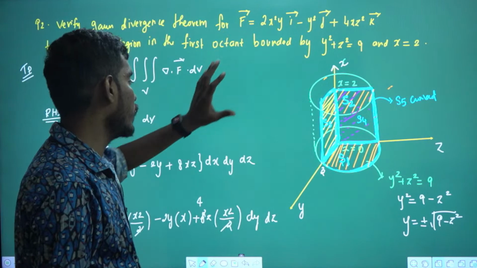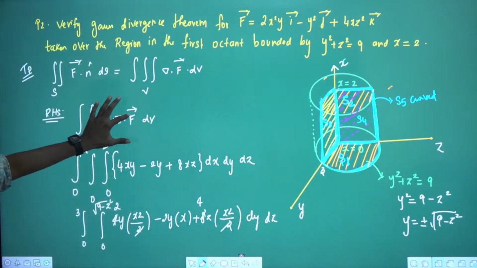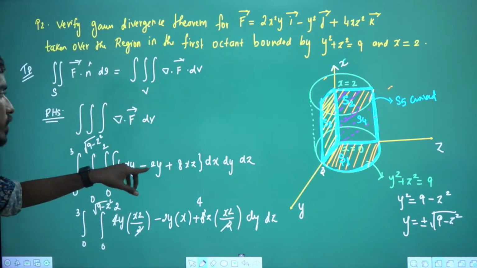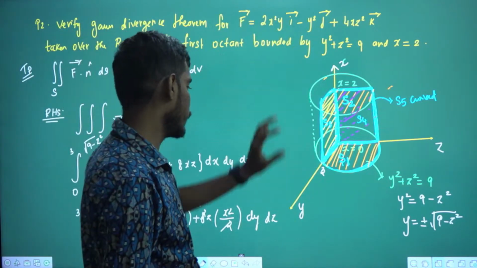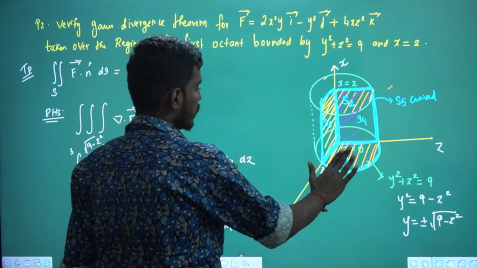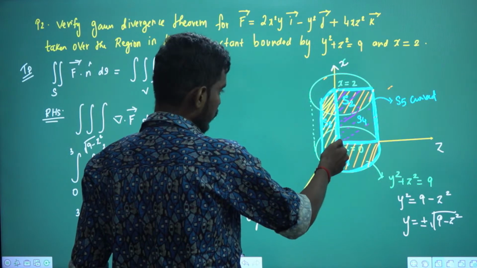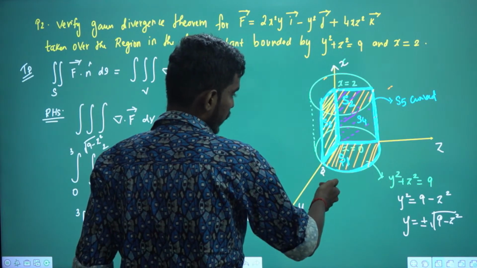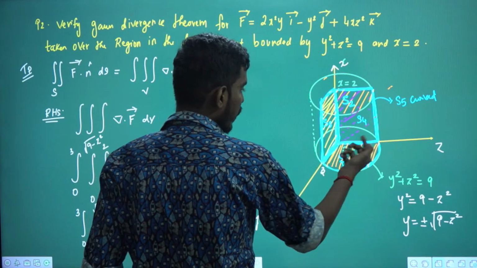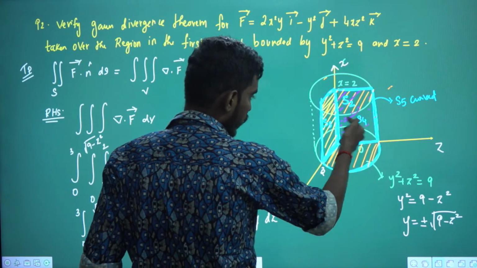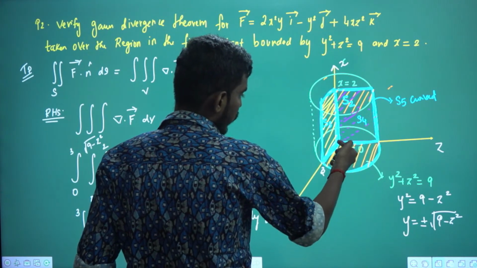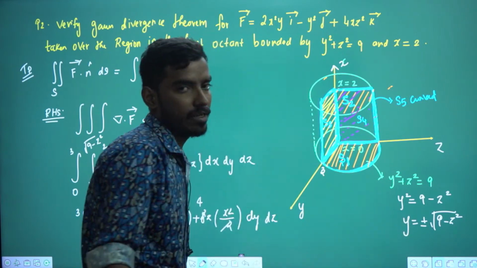So first we will find the volume integral: triple integral over V of del dot f, divergence of f, dV. The only thing is the limits. You can take z limits 0 to 3 and vary y, or take y limits 0 to 3 and vary z. That is your wish.